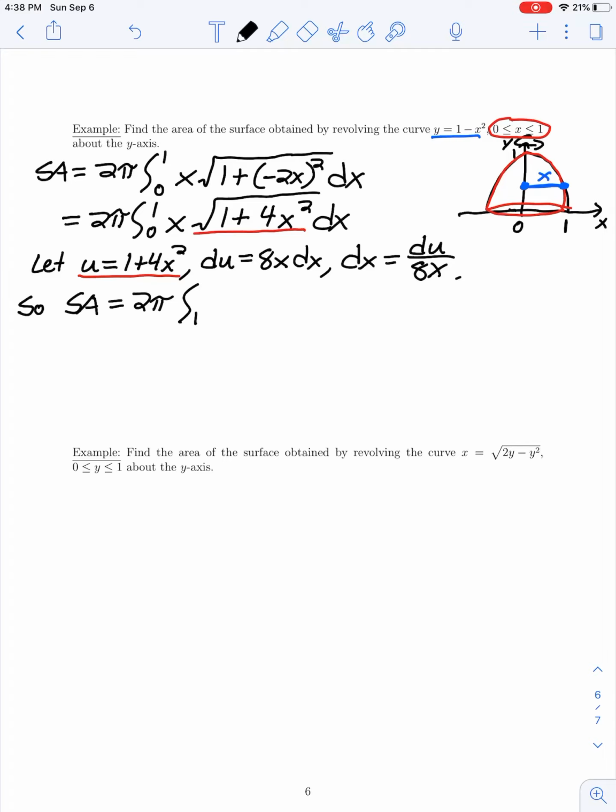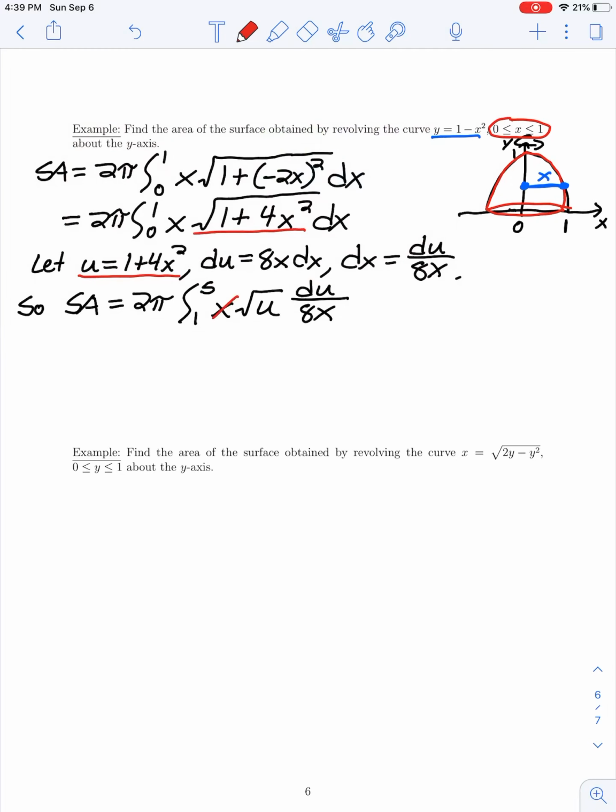And my upper limit of integration was x equals 1. Substituting that into the formula for u, we would have 1 plus 4, or 5. And then I had an x times the square root of u. And the differential dx on the end, we found, is du over 8x.